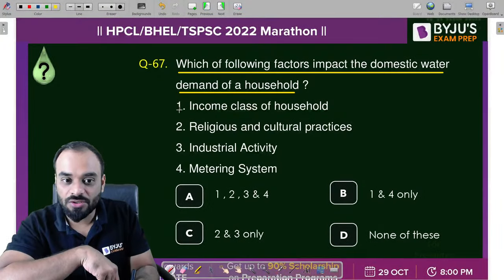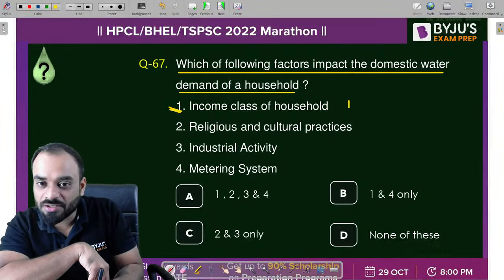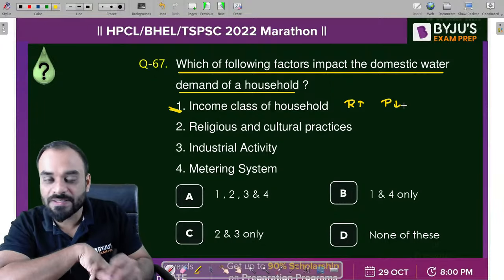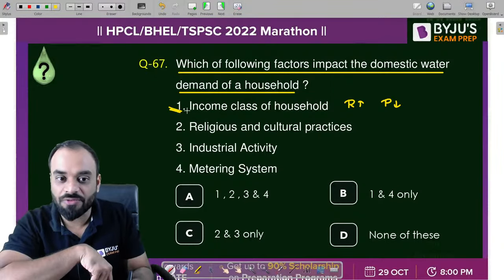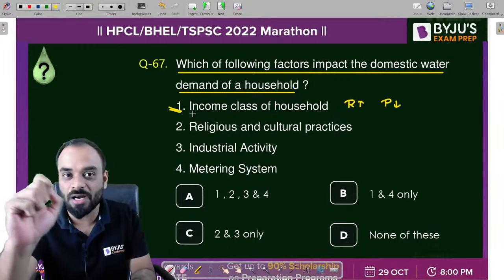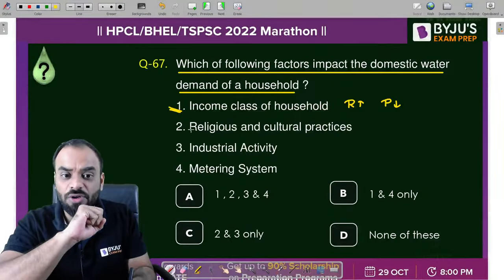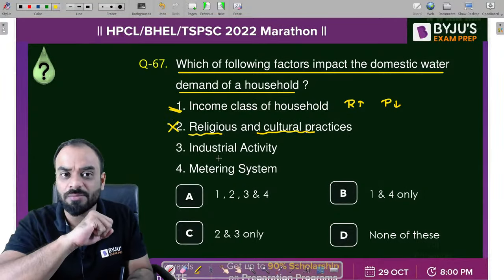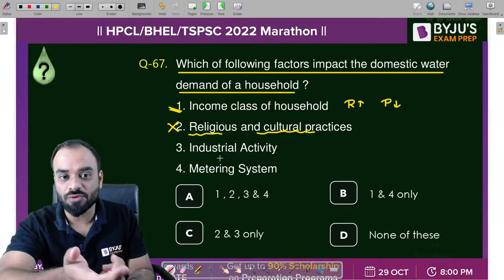Yes. You know that, guys, if you talk about the income class of a household, rich people will have more demand, and poor people will have lesser demand for water. So definitely it will impact the domestic water demand of a household. But religious and cultural practice is not a parameter to be considered by CPCB, so we don't have to consider it.